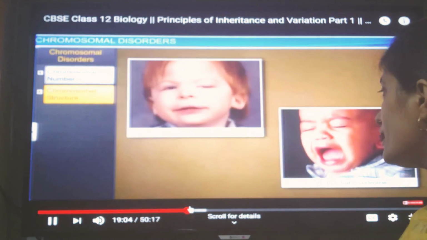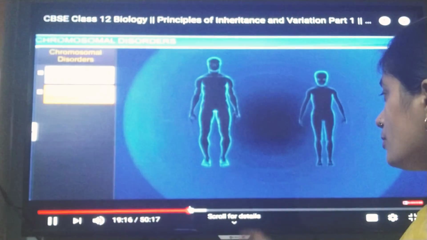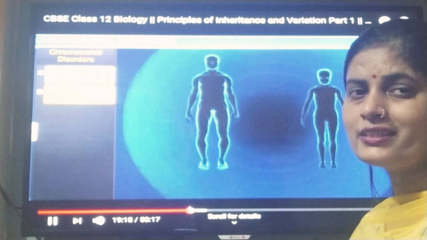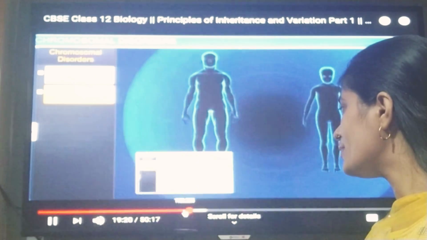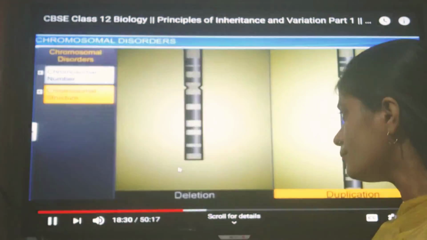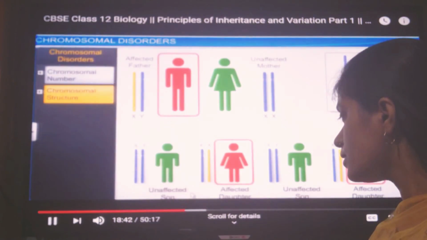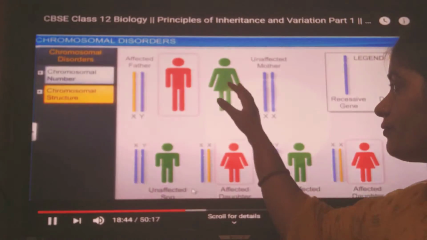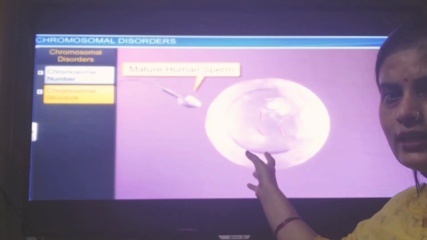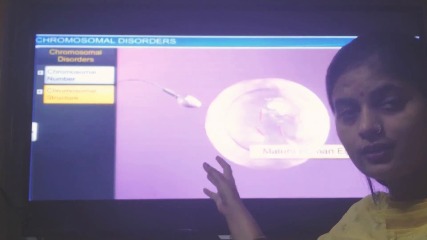The examples given here are Jacobsen syndrome and Cri-du-chat syndrome. What is happening in this case? Let us see that. Yes, here I have discussed that an affected father and an affected child is there at the time of reproduction. It might occur.